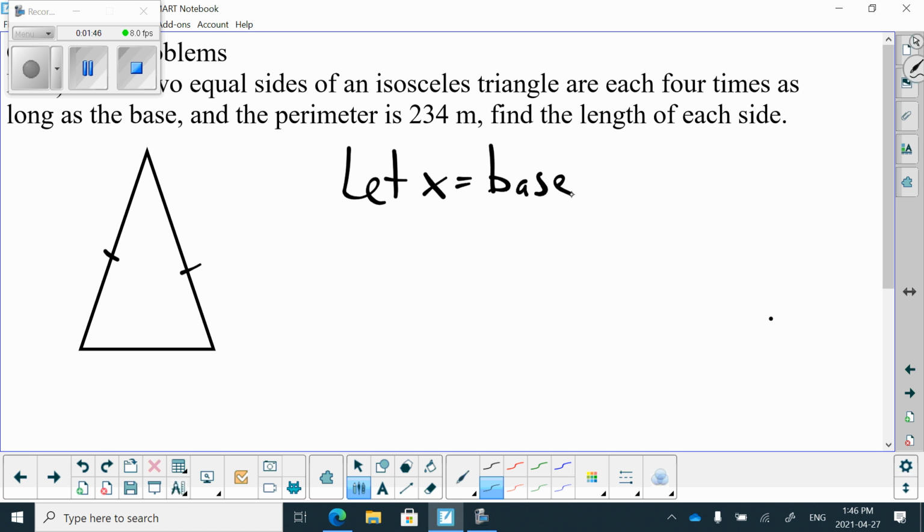Okay, so then it says the equal sides are each 4 times as long as the base. So what would that be? Exactly. 4x is equal to what, Tony? It's equal to the what in the picture? Oh, the side, yeah.